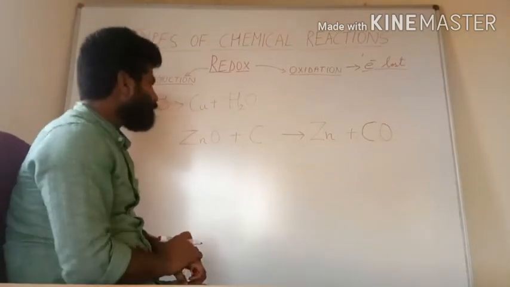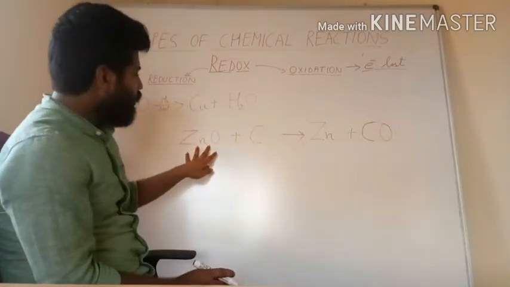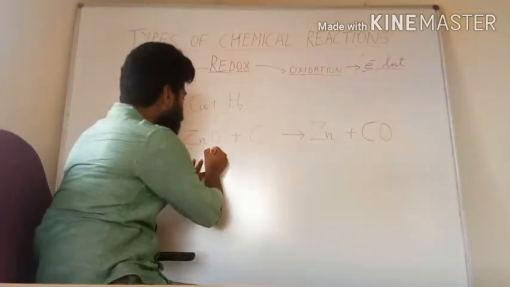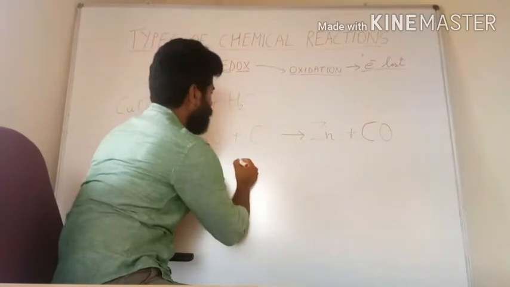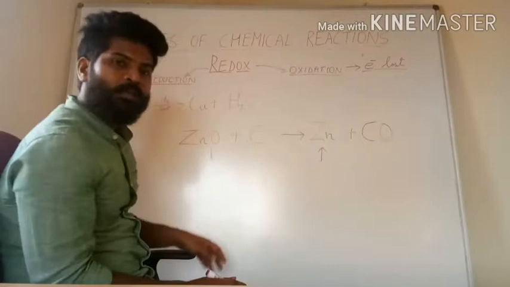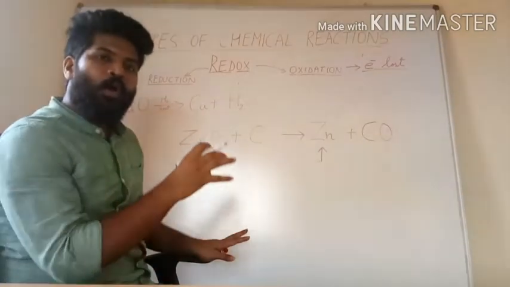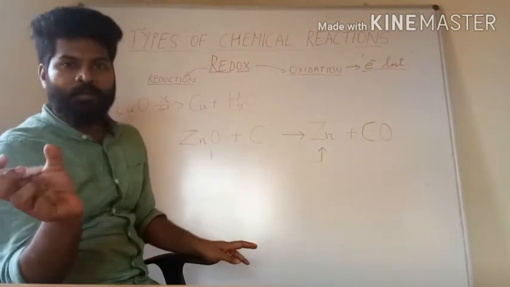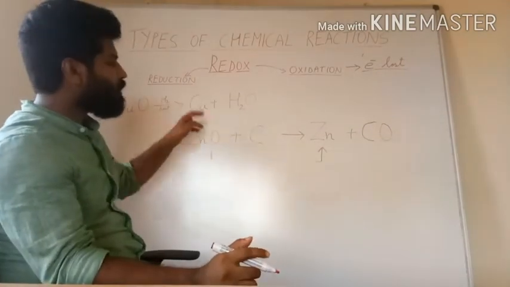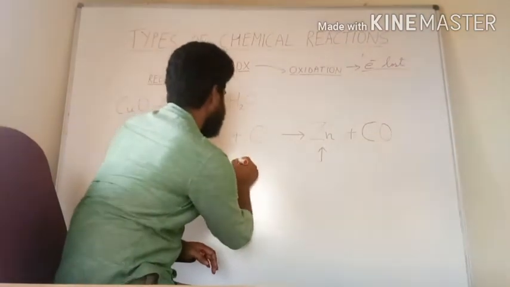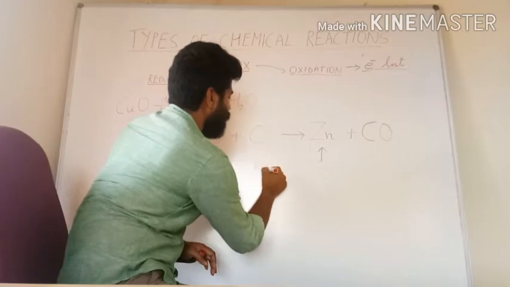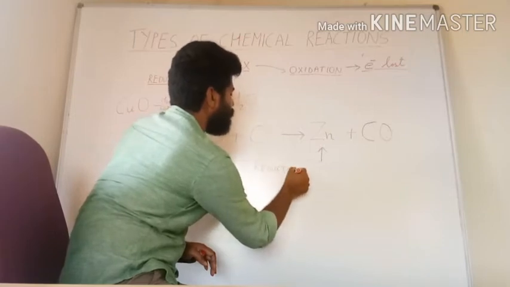So, let us see. Initially, we had zinc oxide, which you can see is now being converted to zinc, which means that oxygen is removed, and reactions where oxygen is removed are called reduction reactions. So this particular portion is an example of a reduction reaction.